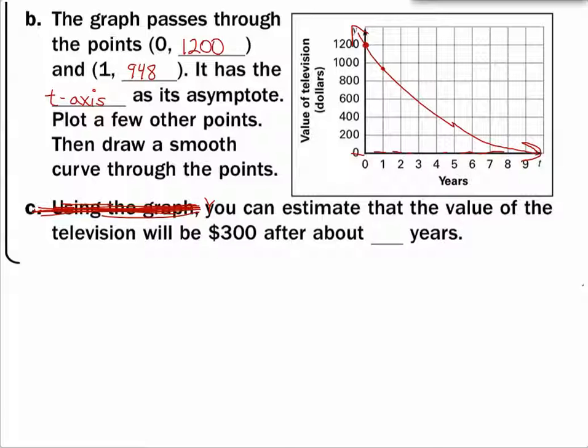You go back to the equation above. I can't get that equation back on here at the same time, but the equation was y equals 1,200 times 0.79 to the t. And really, you want to be guessing and checking for t values. Figure out about how big t needs to be for it to be about 300.